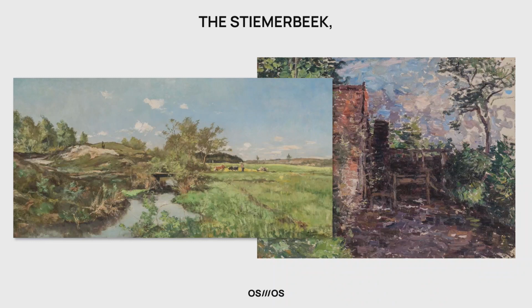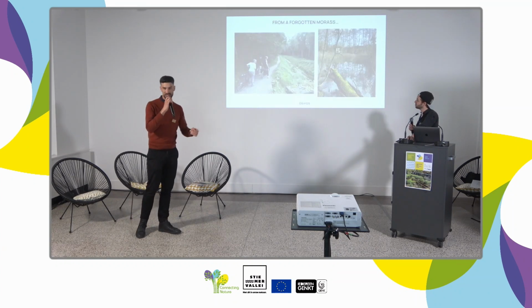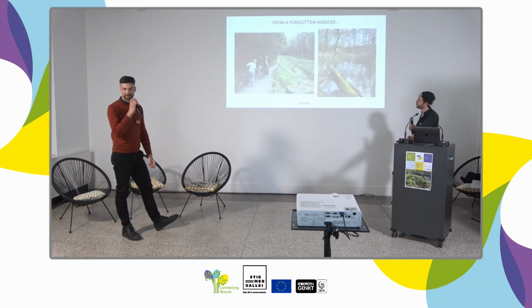Genk was actually born out of a rural and rather bucolic setting, which was one of the biggest destinations for landscape painters up until the mid-19th and 20th century, and attracted people from all over Belgium, with these examples of these pretty paintings.